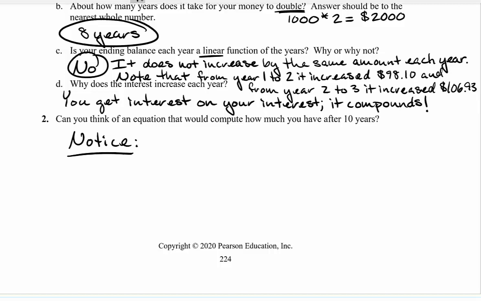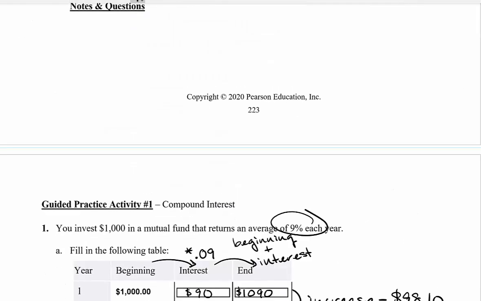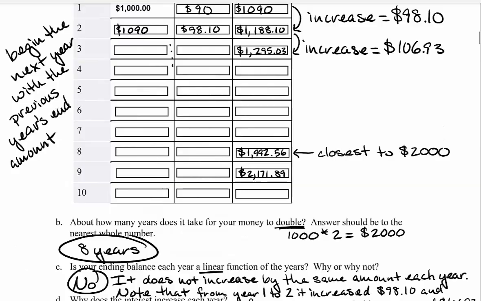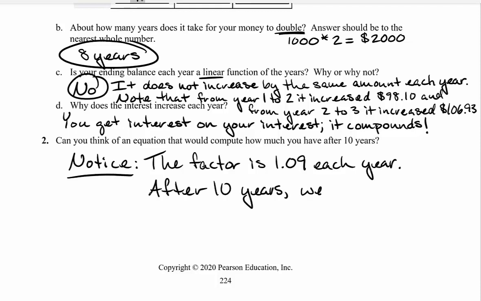But we can still think about some interesting observations here. The first thing I want you to notice is the factor. Remember, we learned about factors. The factor is 1.09 because the interest rate was 9%, which is 0.09 as a decimal, which means the factor is 1.09 each year. So after 10 years, we'll have multiplied by 1.09 10 times.